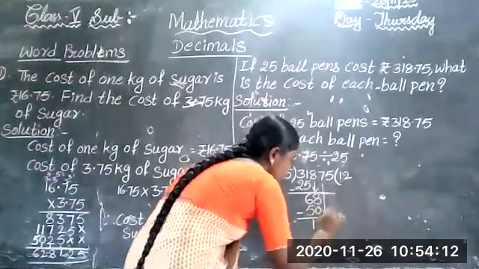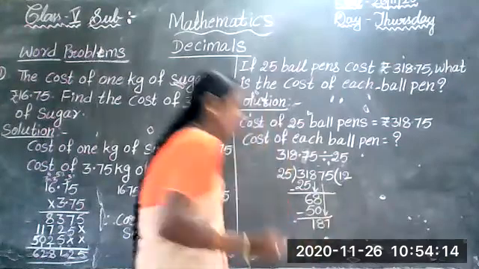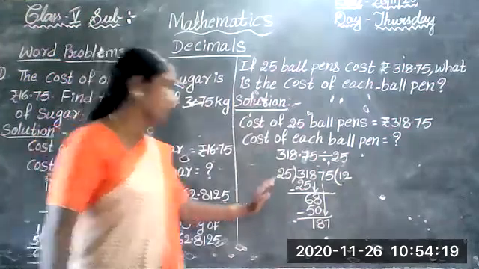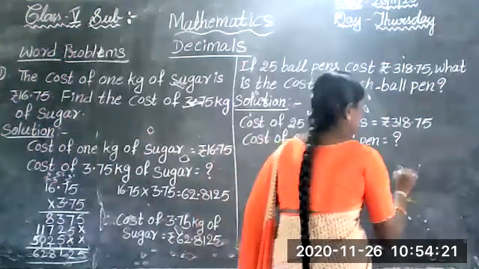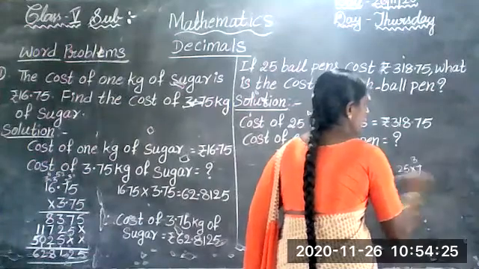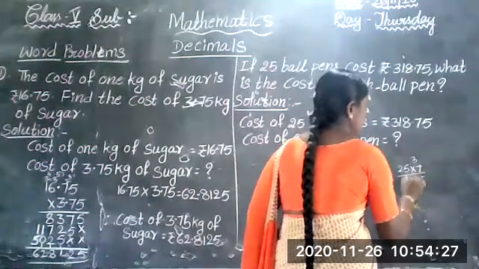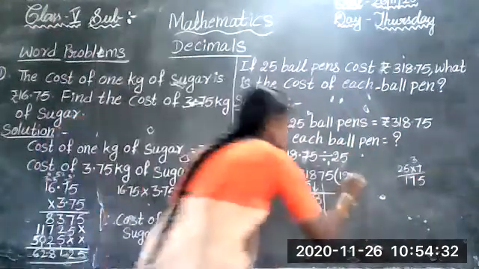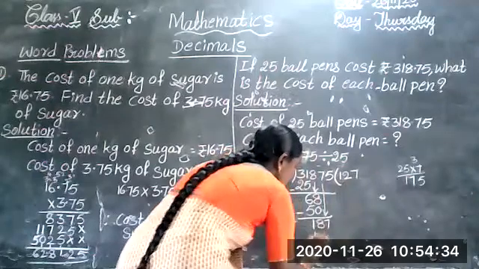Take the next number, 7. 187. 25 7s are: 7 5s are 35, 7 2s are 14, 14 plus 3 is 17, so 175.